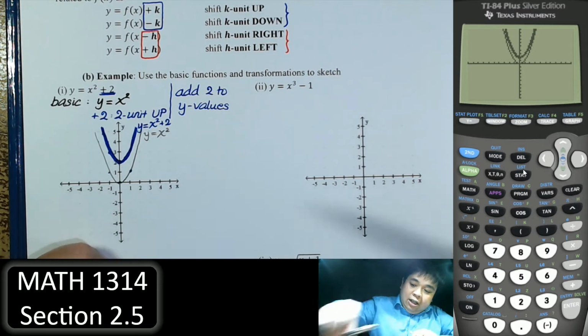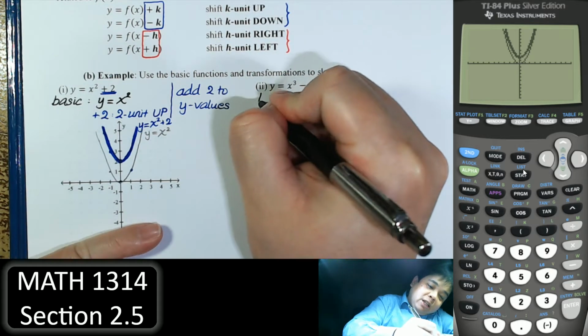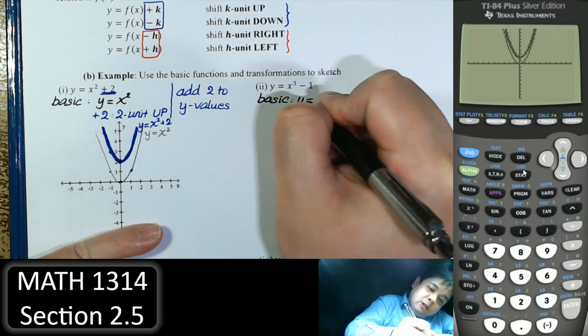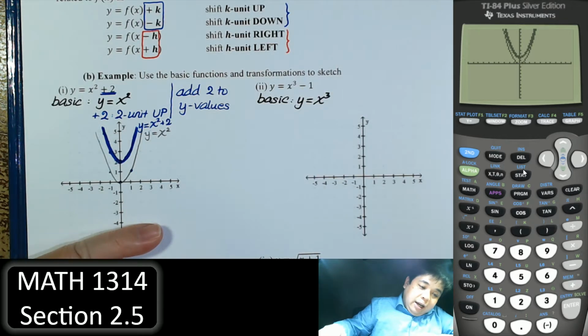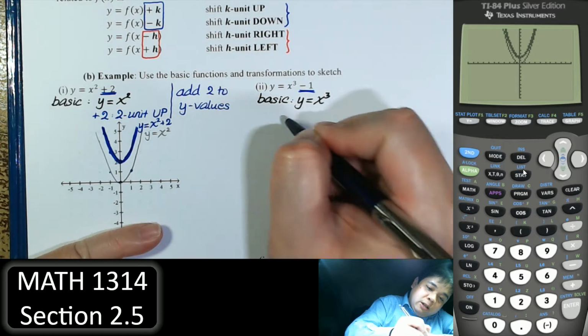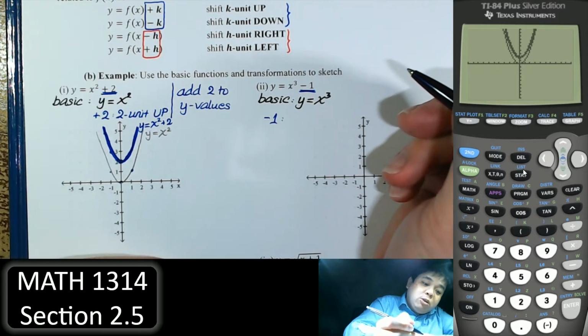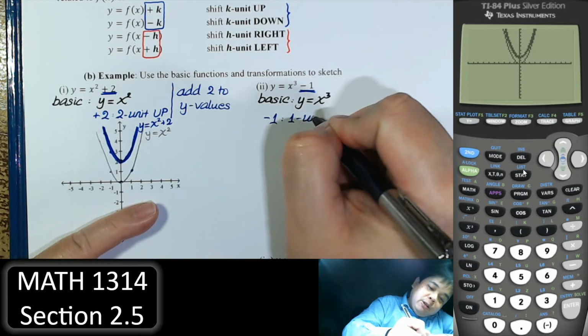That's easy. Next, obviously here we have the basic x cubed. And now we have the minus 1. So minus 1 here, we just subtract 1 from all the y values, or we move 1 unit down.